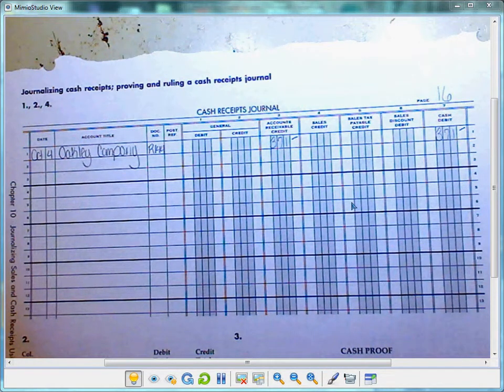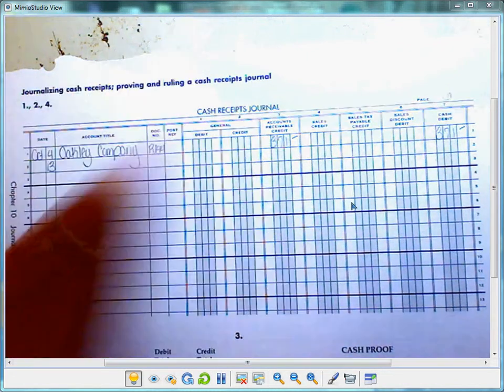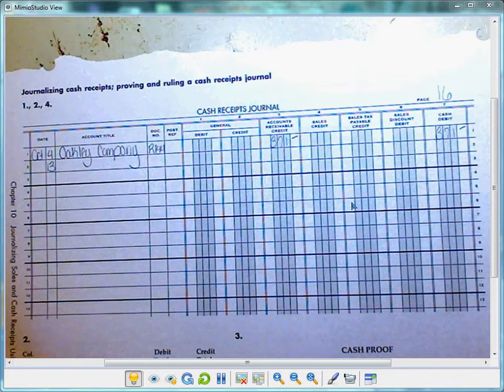Okay, our next transaction, October 13th, we recorded cash and credit card sales of $8,361.60 plus sales tax of $501.70 for a total of $8,863.30. TS 43. So our date's the 13th. What would we suppose our account title would be? Sales.